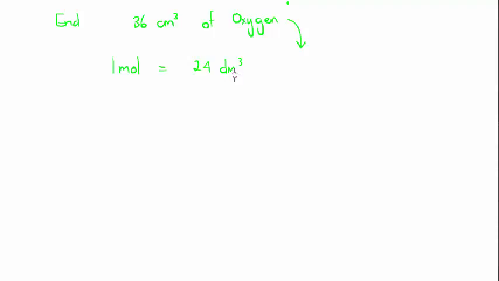Is that okay? Okay, so we first see we need to convert. How do we go from cubic centimeters to cubic decimeters? Divide by 1,000. Okay, very important. 0,036 cubic decimeters. And it's just the ratio.